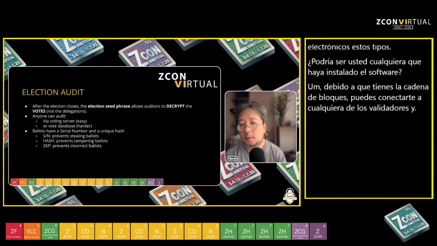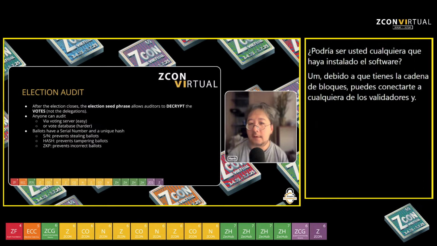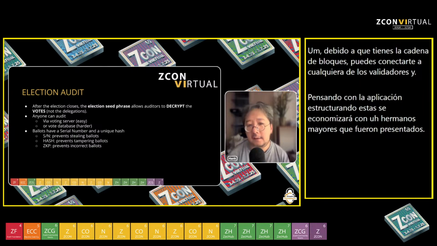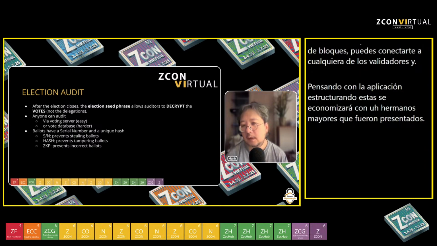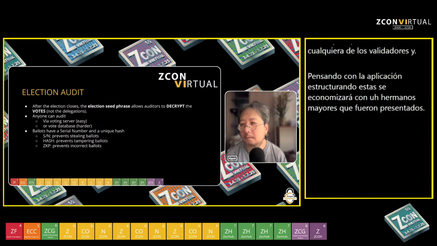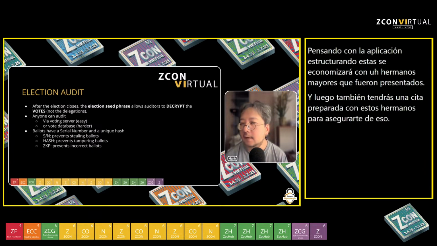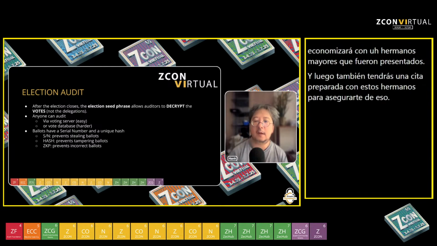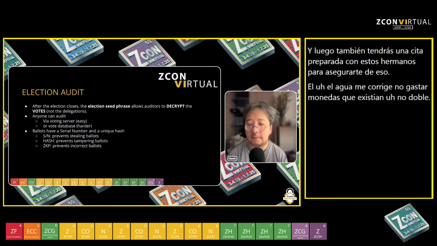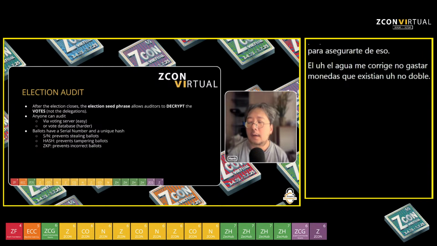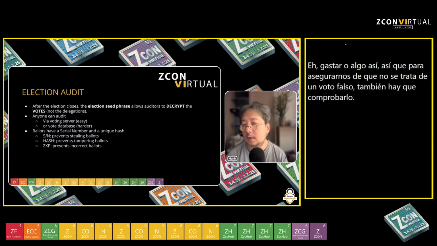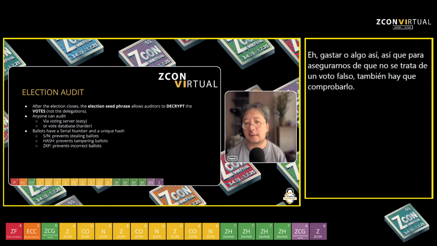This will synchronize your node with all the ballots that were submitted, and then you will also validate these ballots, make sure that the votes are correct, I mean, not spending coins that never existed, no double spending, all kinds of stuff like that, right? So to make sure that this is not a fake vote. Also checking the signature that you have ownership of these coins, and then it will make the tally. It will count the result per candidate and show you a nice graph.